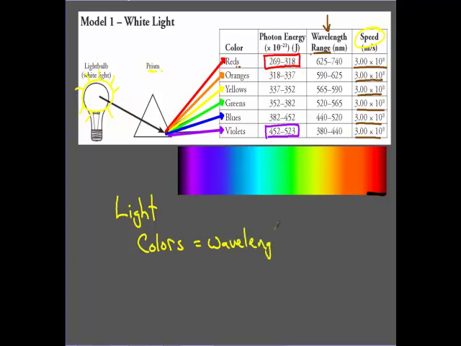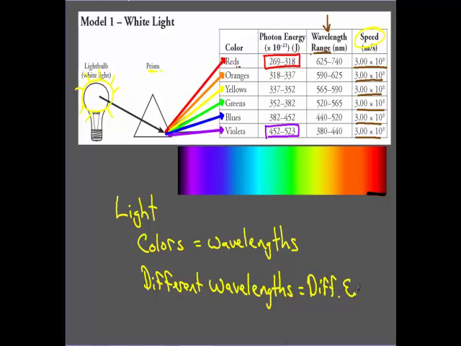And then also the fact that different wavelengths have different amounts of energy associated with them. We'll just write different energy. Okay? So as we go forward here, this is white light.